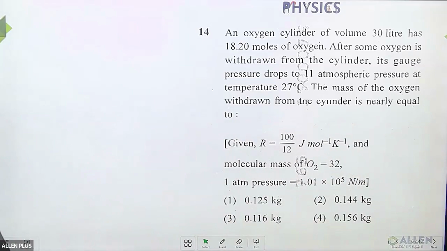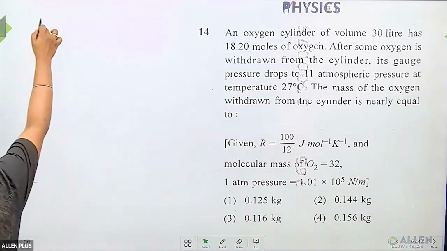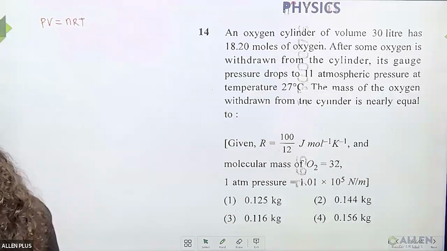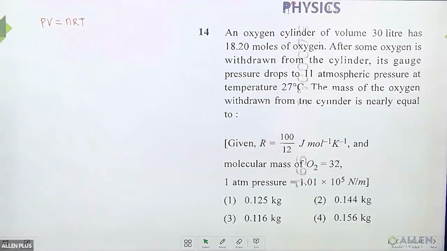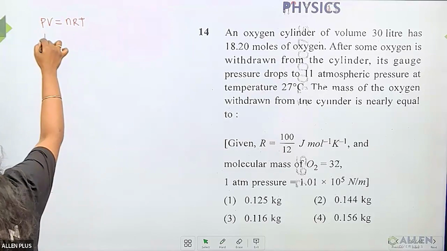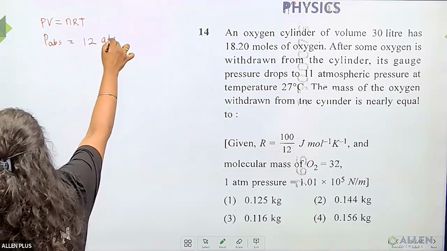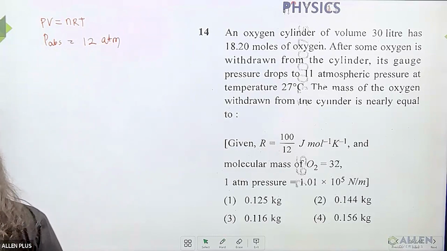Now here we know the formula PV is equal to nRT. The absolute pressure according to the given condition will be equal to 12 atm.